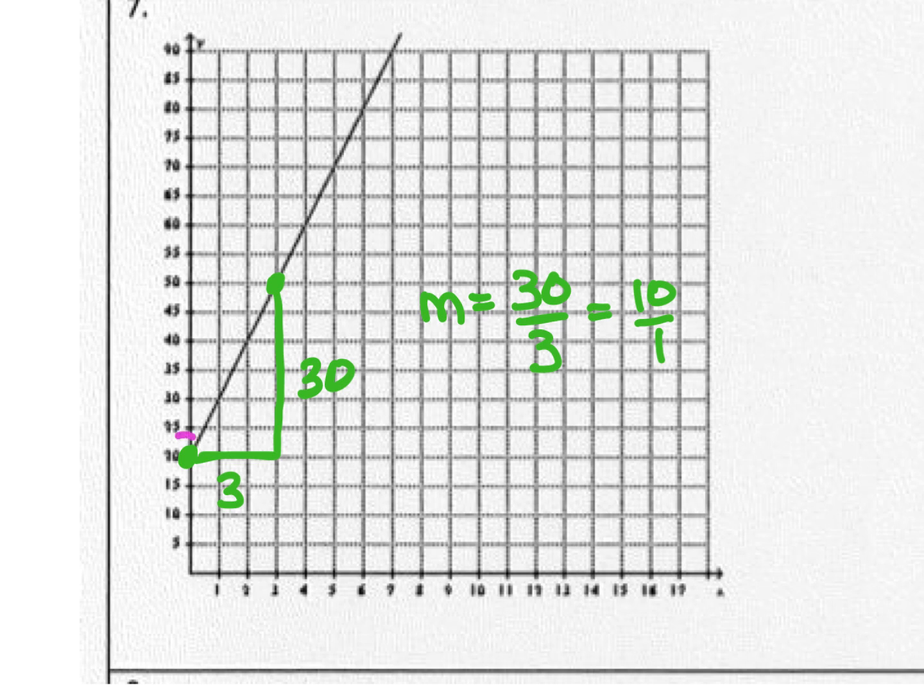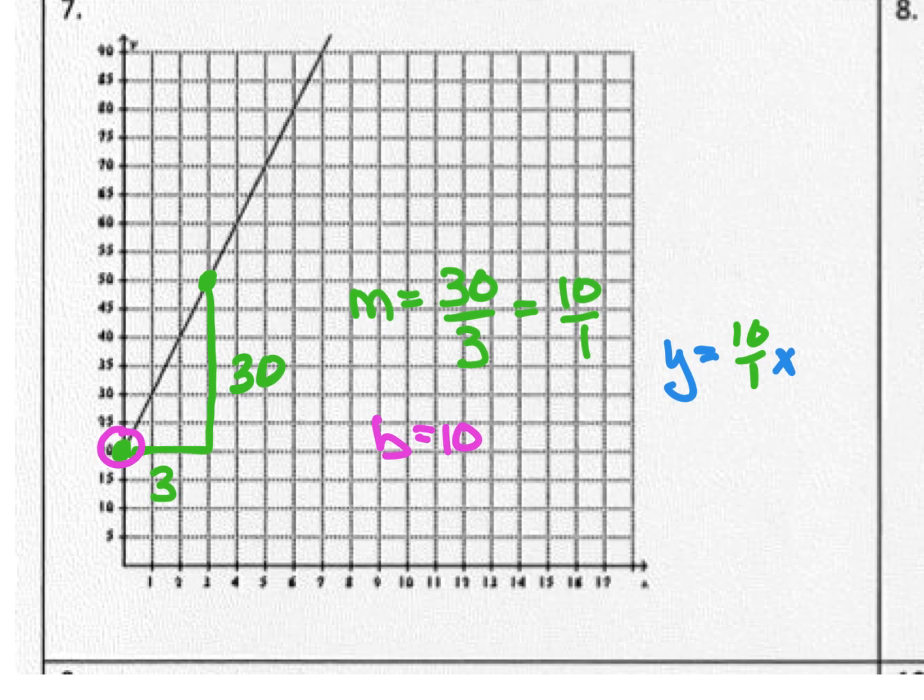And then where does this line cross the y-axis? That's at 10. Let's put it all together. So we have y equals 10 over 1x plus 10. So this is our equation for example number 7.